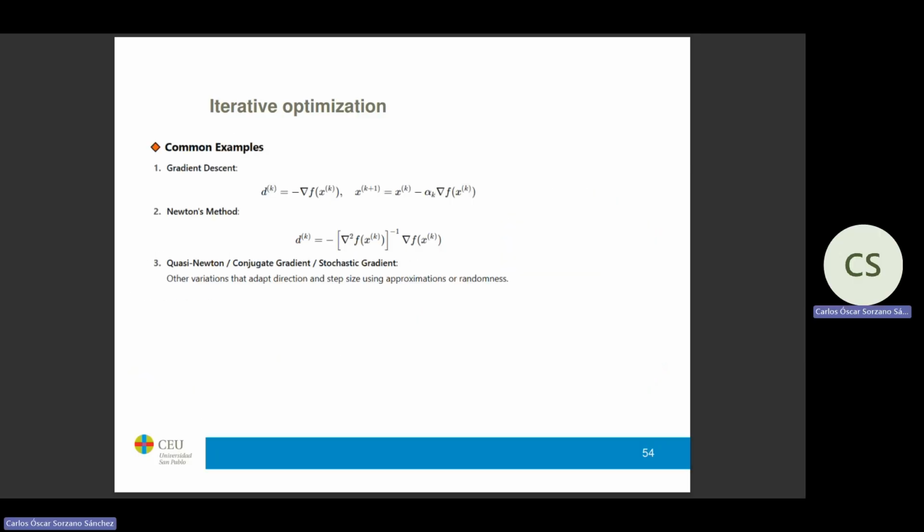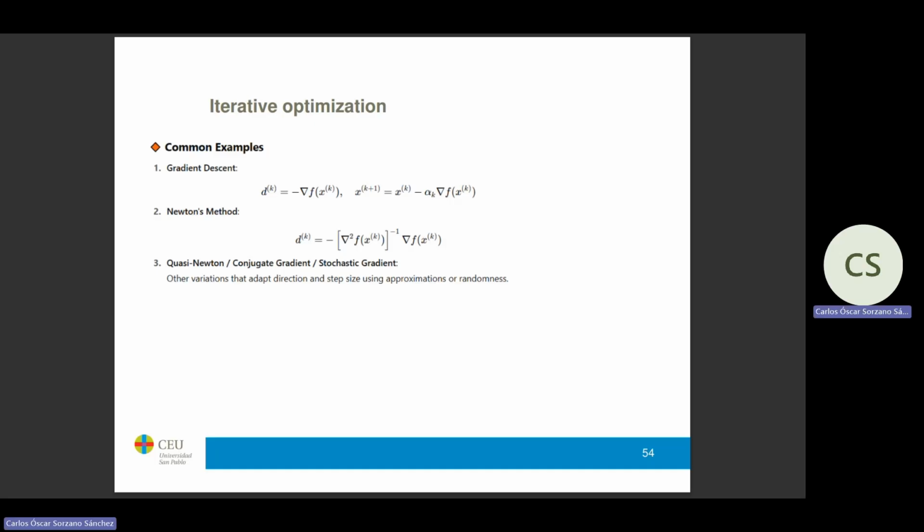So which directions are interesting? One obvious direction is the gradient. The gradient goes in the direction of maximum slope, so the function is growing in that direction. I'm trying to minimize the function, so instead of going in the direction of maximum slope, I go in the opposite direction, minus the gradient.